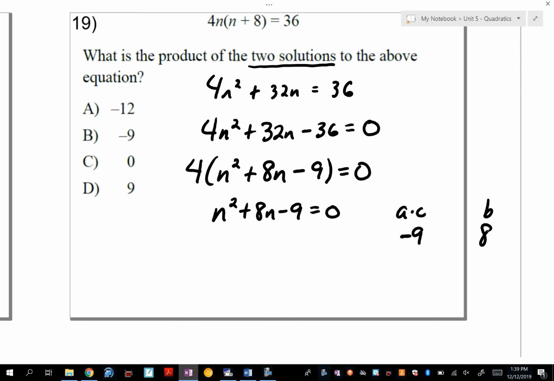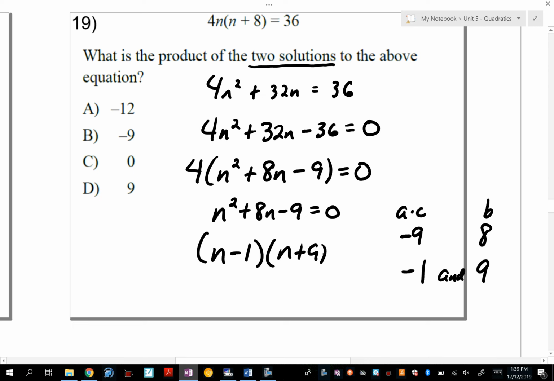Did you say it, Magda? That's right, -1 and +9, because -1 times 9 is -9, and -1 plus 9 is +8. So to write those factors, you write n minus 1 times n plus 9 equals 0.